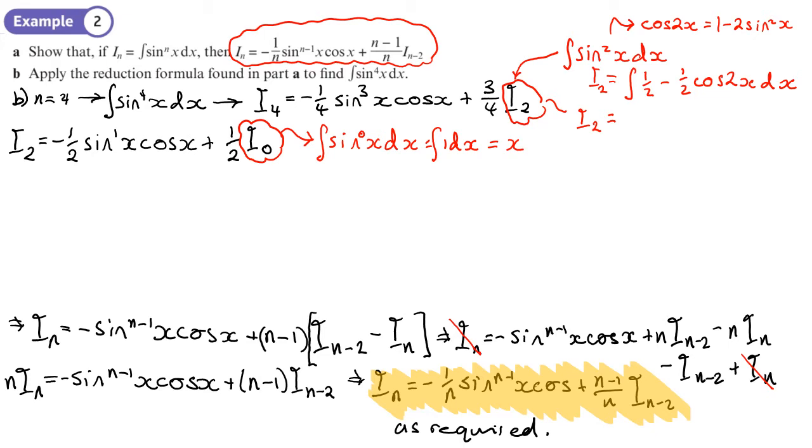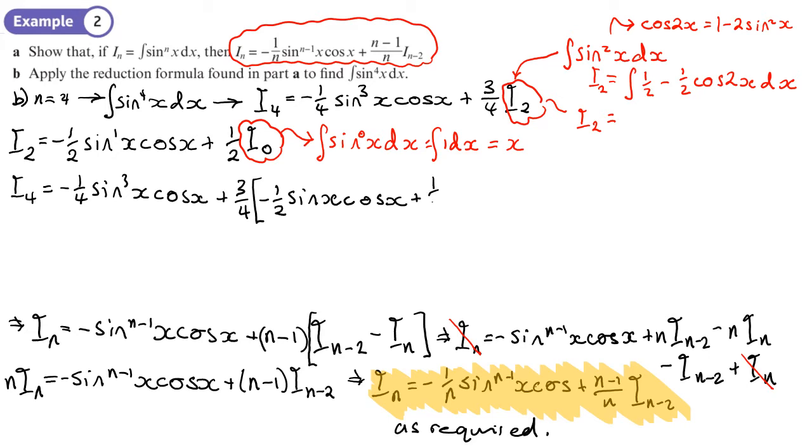So let's try that and see what happens. So we've got I sub 4 is equal to negative a quarter sine cubed x cos x, then plus 3/4 of I sub 2, and I sub 2 we've got written here is equal to negative a half sine x cos x plus half of I sub 0, which is just x.